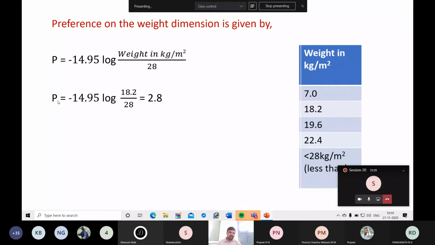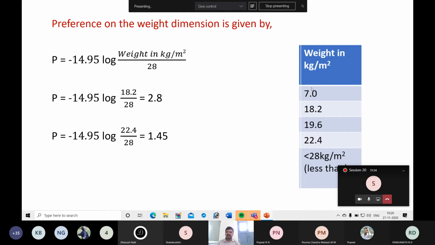So next consider 18.2. If you substitute 18.2, you will get preference number as 2.8. Next consider 19.6. Everything will remain same, only thing is you will change this number. So for 22.4, preference number is 1.45.